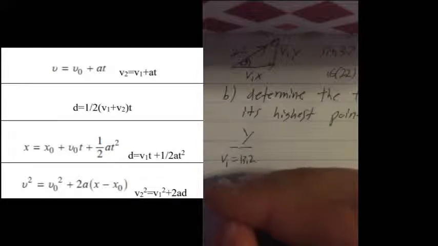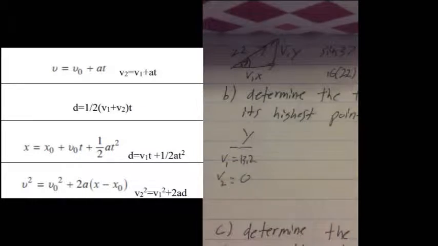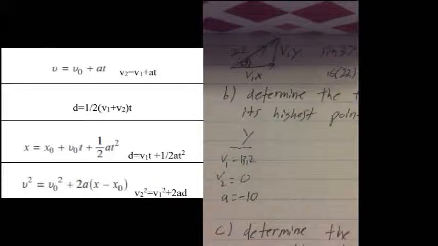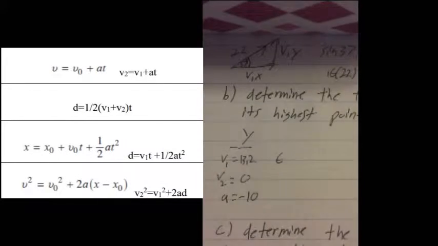That's v1. The ending velocity, well, it's just not going to be moving, so it's 0. And the acceleration due to gravity is equal to -10. We're just going to go ahead and round to make this easy on ourselves. We do not know the time, which is what we are trying to figure out.